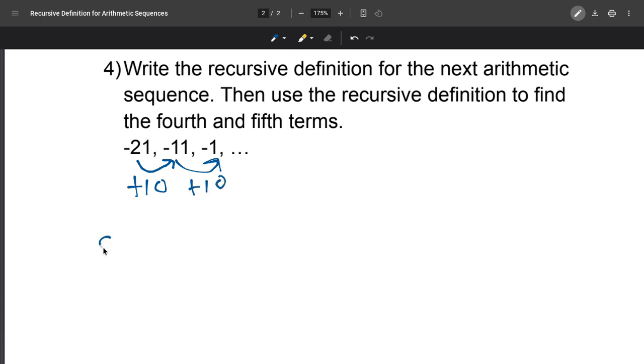So we're going to say A sub n equals A sub n minus 1 plus 10. And our first term, A sub 1 equals negative 21.